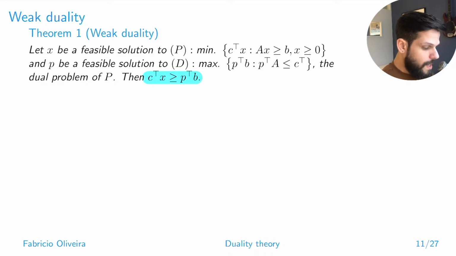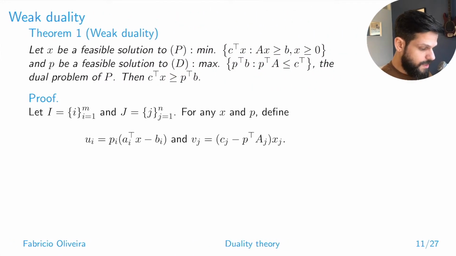Okay. And to see that is actually sort of straightforward. So let us define these two sets of constraints and variables, u_i and v_j, like we've been using before. And for any x and for any p that is feasible to the original problems, we have the following.